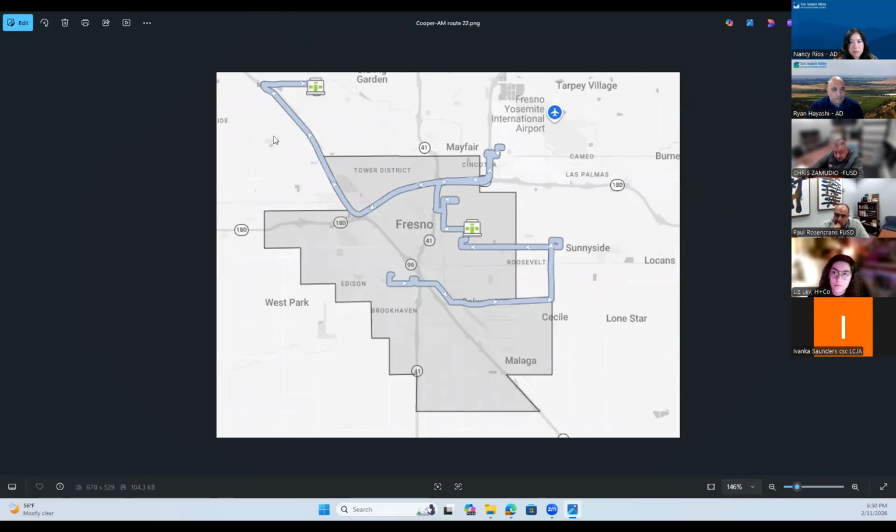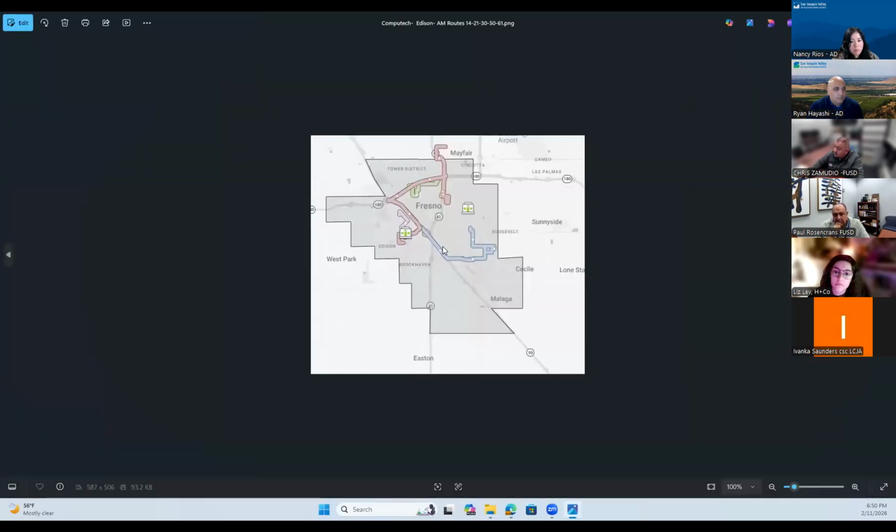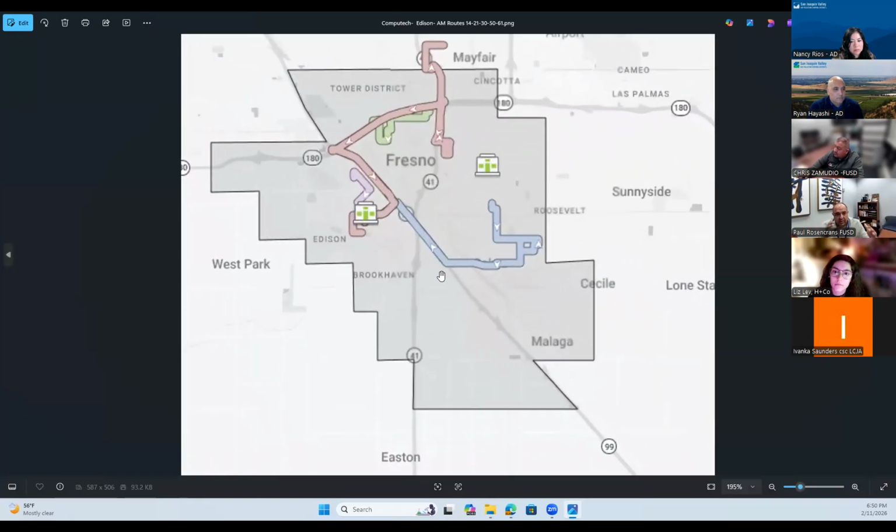Now, absolutely true. We also pick up in the other area and bring them into Edison and into Cooper. So we recognize that, and that's something else that we're really talking about, tearing them apart and putting them back together to make sure that they come in through the area.